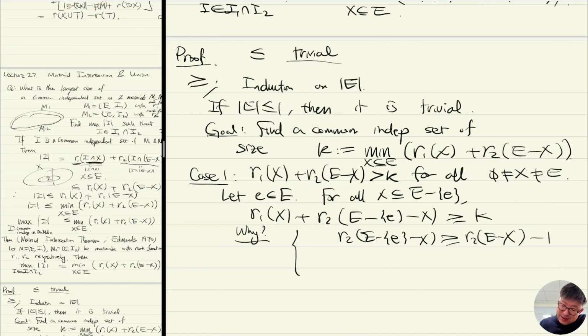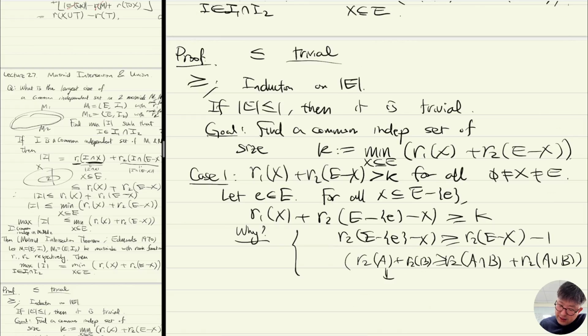This is because, remember, R2 is submodular, rank 2. We knew this.